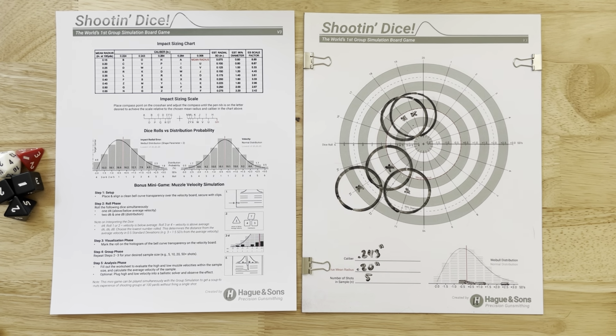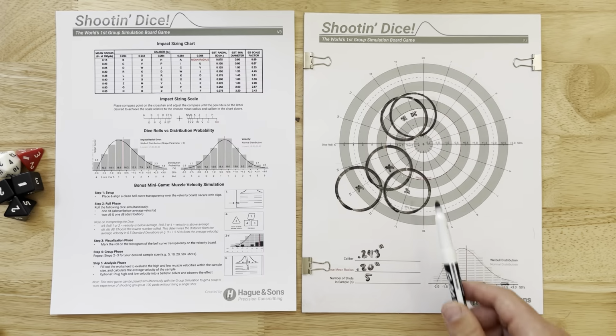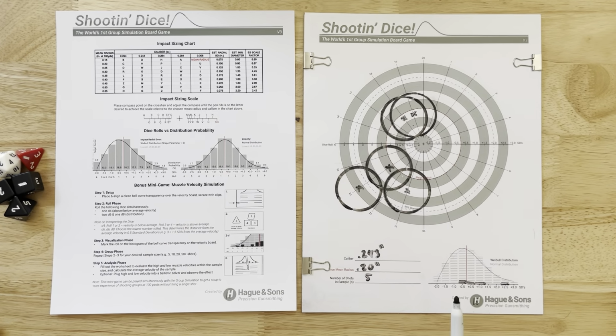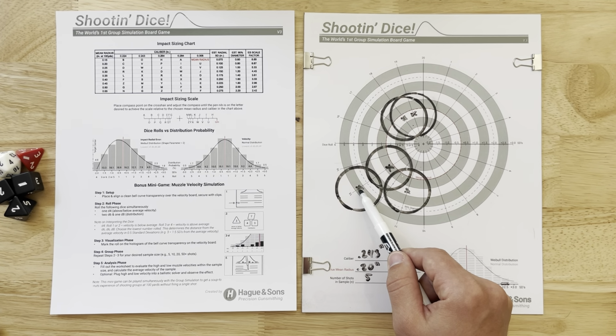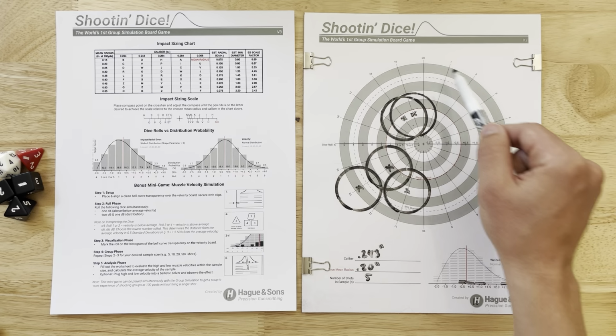These impacts, believe it or not, could have happened anywhere, any direction in this target. These happen to all happen between 10 and 20, so we got a group that is somewhat left of center. But it would have been equally as likely for this impact here to happen anywhere along this ring.